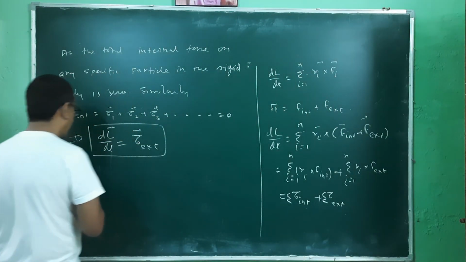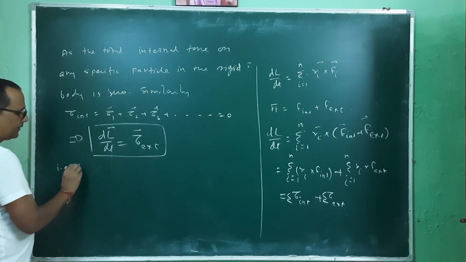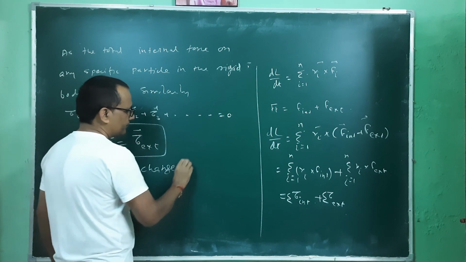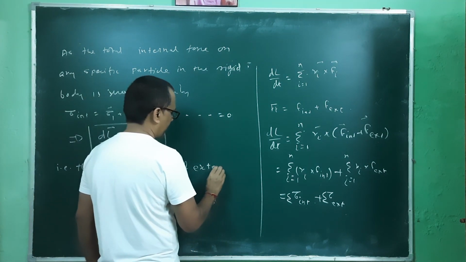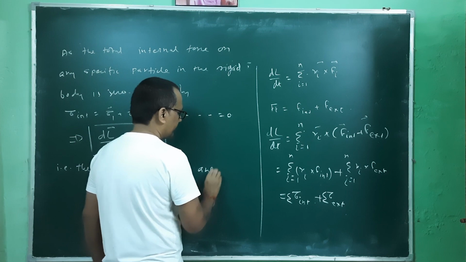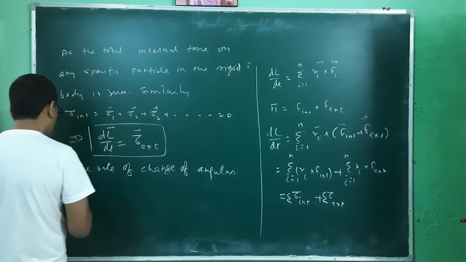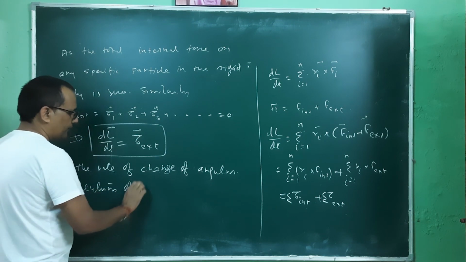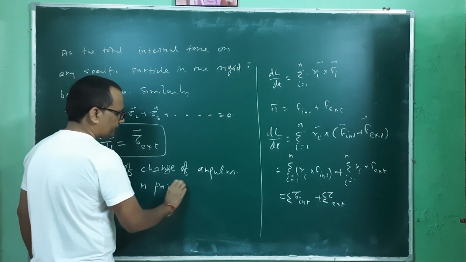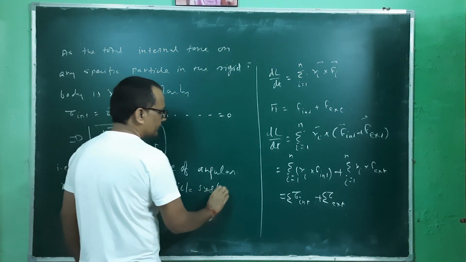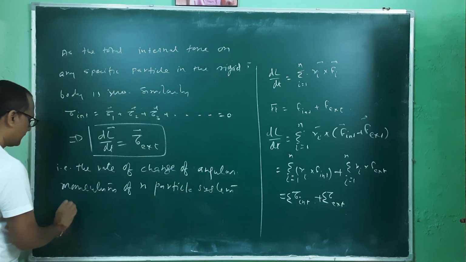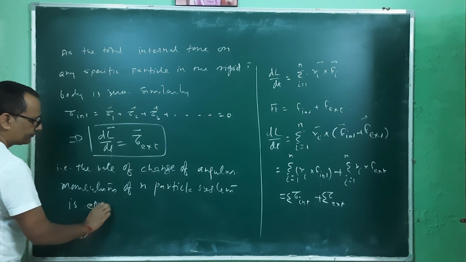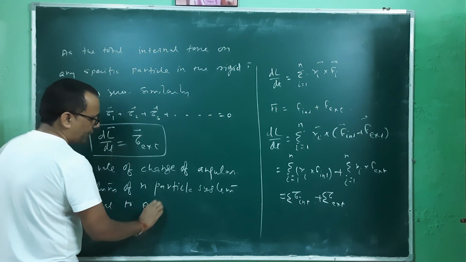So the rate of change of angular momentum of an n particle system is equal to the external torque.